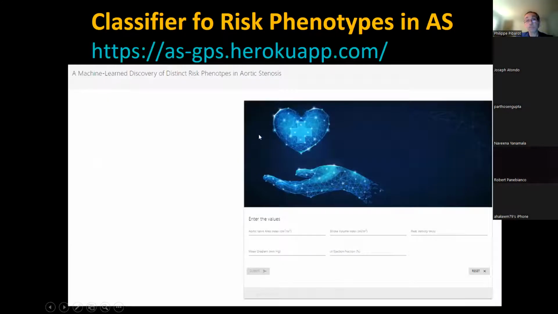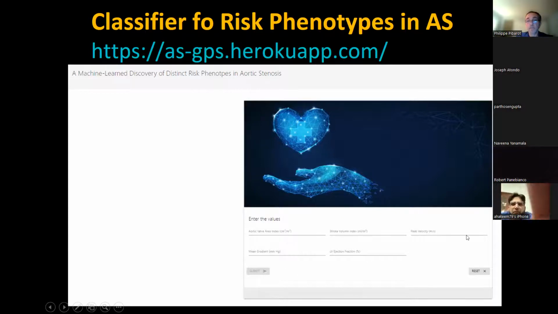And the final classifier that resulted from this paper, and that allows to identify the risk phenotype to which the patient belongs, is available online. So Pibarot made it available for everybody.